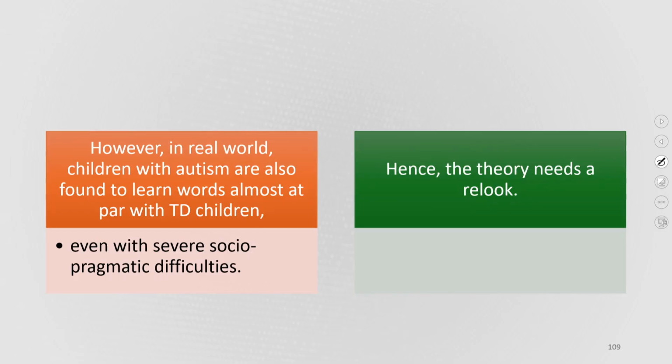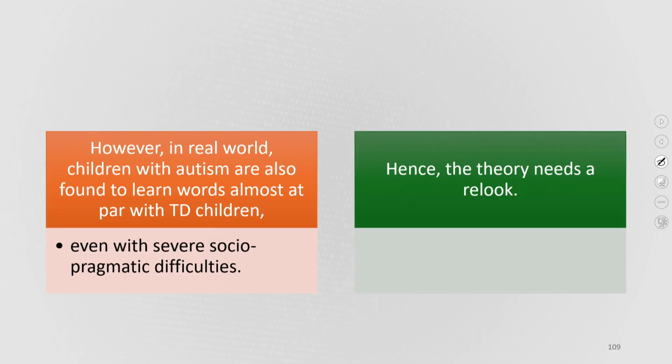However, in the real world, children with autism are also found to learn words, sometimes even at par with TD children. TD refers to typically developing children. So, sometimes some children in the spectrum actually do master language alongside many other children. Now, when we talk about autism spectrum disorder, it is a spectrum. So, there are different stages of the disorder.